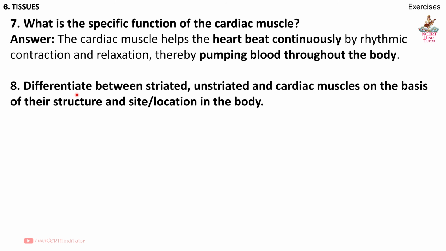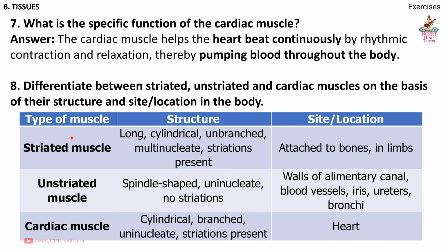Question 8. Differentiate between striated, unstriated, and cardiac muscles on the basis of their structure and site, location in the body. Answer: Striated muscle. Structure: long, cylindrical, unbranched, multinucleate, striations present. Site: attached to bones in limbs.